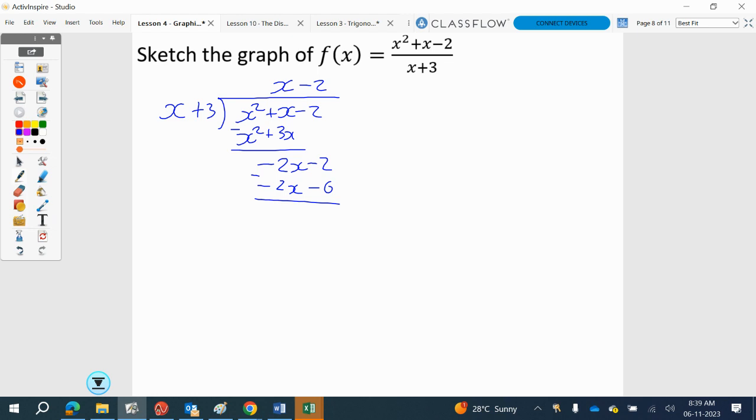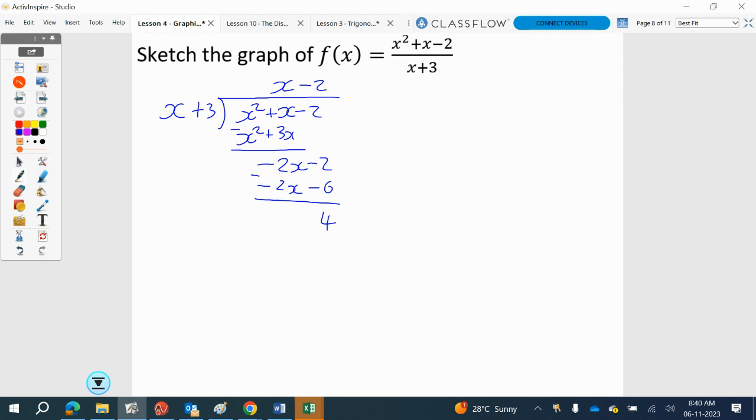Remainder 3. Oh, come on, Brent. This disappears. Almost. Okay, right. 2 and 6, it's got to be something, not 3. We got 4.